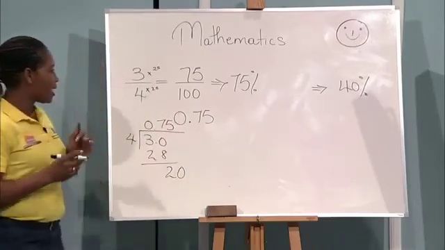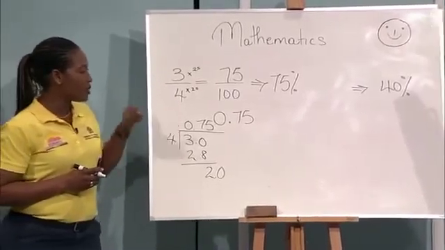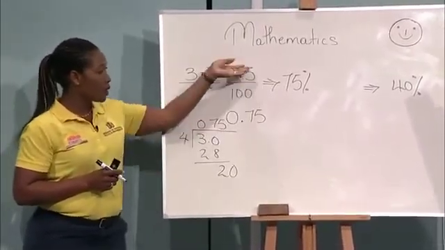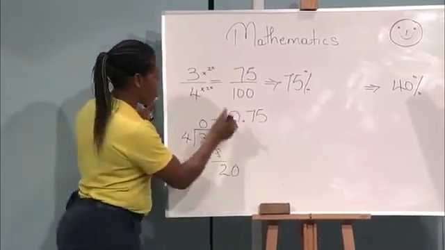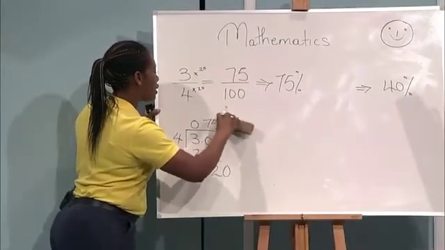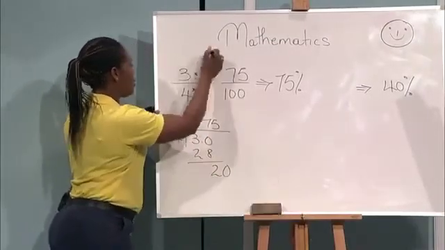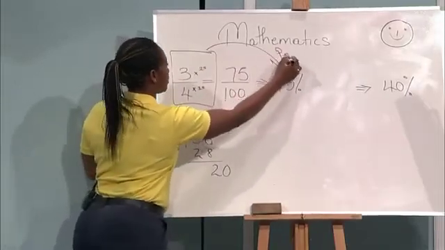So as you can see, either you divide the numerator by the denominator, which gives you 0.75, or what we call 75/100. Those are the ways we can convert a common fraction to a percentage.